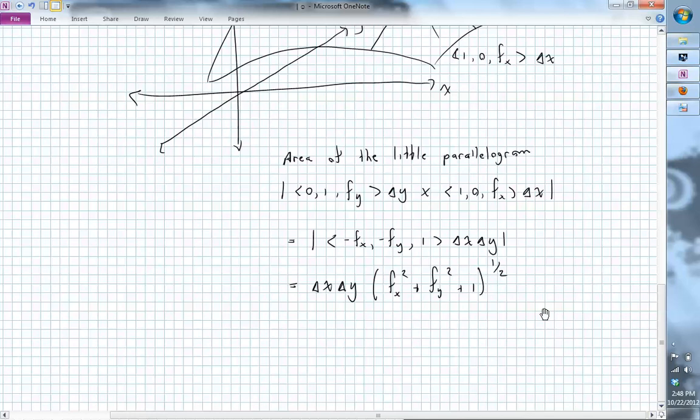If I want to get the area of the whole surface, guess what? What am I going to do with these little pieces? I want to add them up. And the typical way to do that is with an integral. I'm going to put dA here, but what I really mean is dx dy or dy dx.